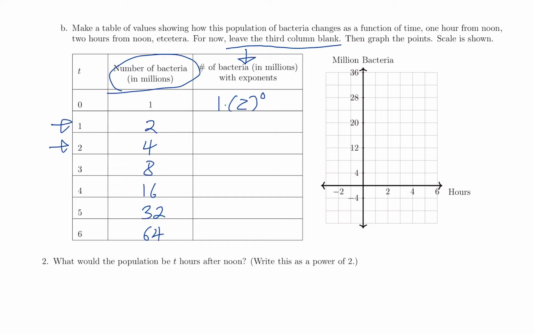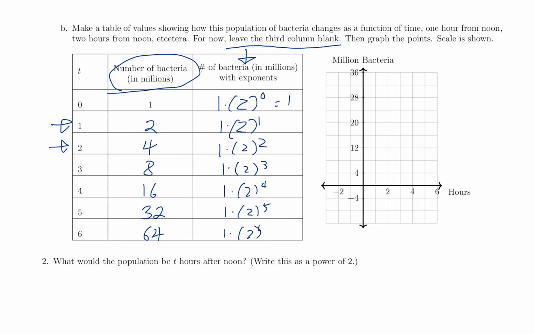So this still gives us 1 million. Then we have 1 times 2 to the first power, which gives us 2 million. And we have 1 times 2 to the second power, 1 times 2 to the third power, 2 to the fourth, 2 to the fifth, 1 times 2 to the sixth.